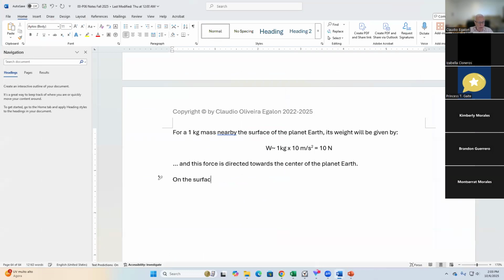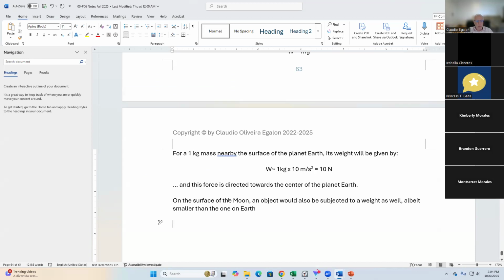On the surface of the moon, an object would also be subjected to a weight as well, albeit small, although smaller than the one on Earth. The weight on the surface of the moon is approximately 1/6 of that of the Earth.